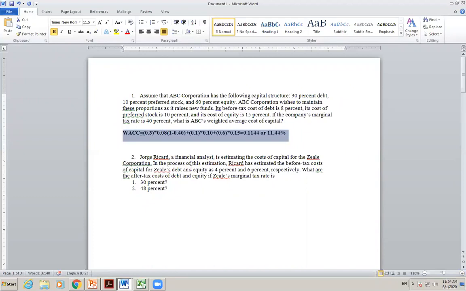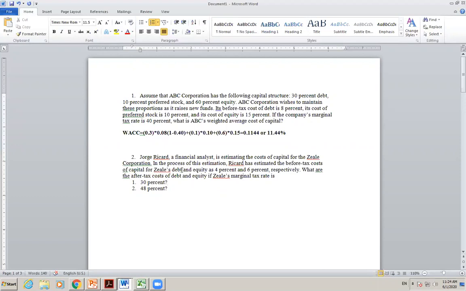If there's a tax rate of 30%, we need to first of all come to the conclusion that equity is not tax adjusted. Only debt is adjusted in accordance with the tax.